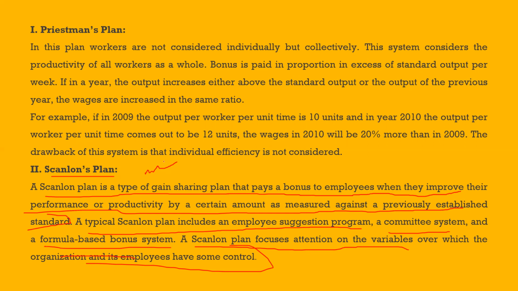That could be giving importance to employees to suggest on some things, the committee system, the formula bonus system, the gain sharing plan. Everything comes under a Scanlon plan. They can have some control. This is what the two major group incentive plans are.